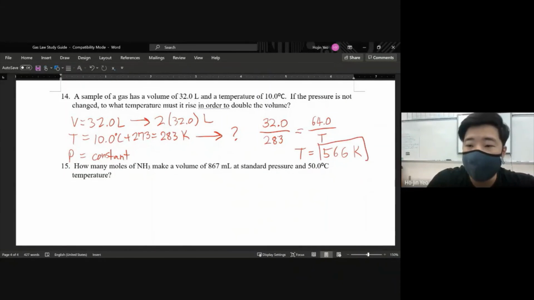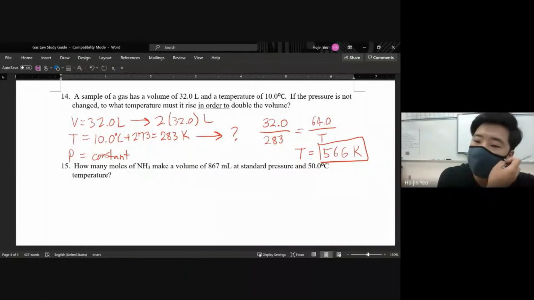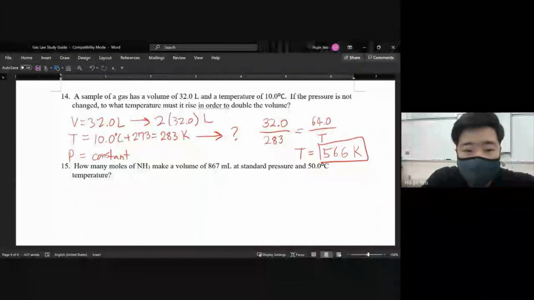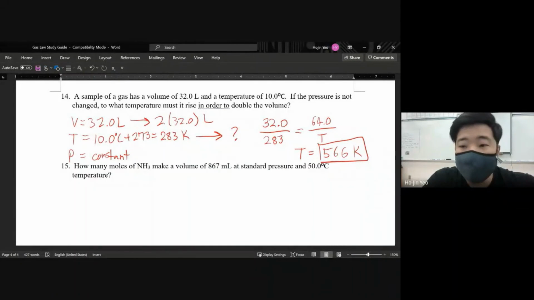Now, if you guys are freaking out, why is our temperature so big compared to the other temperature? Well, because while your volume increases, your temperature also increases as well. So that is why our temperature is going to be larger than our previous one. And also, it says that the temperature was rising. So that is why the answer is 566.